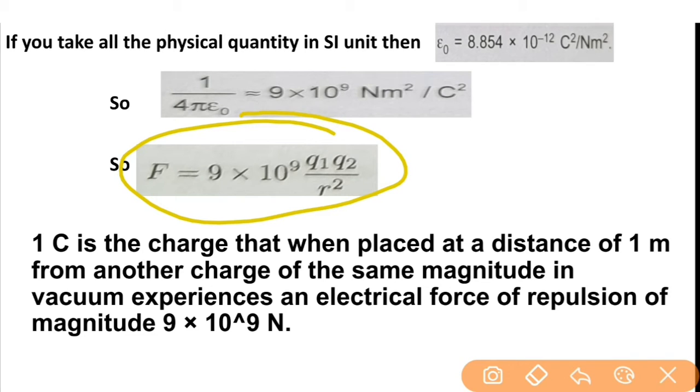Now from this equation we can get many things. That is the definition of charge, firstly for the SI system and then for the CGS system.